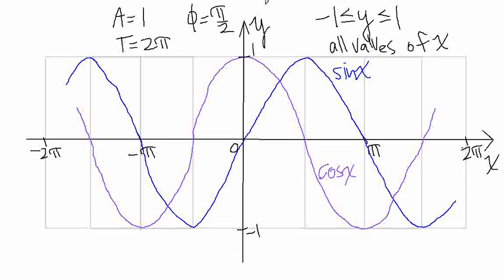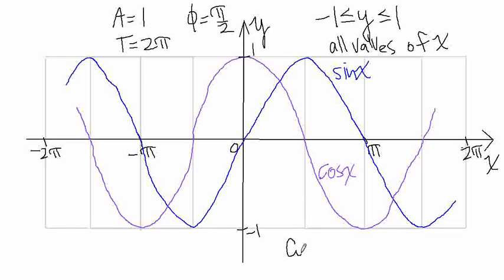Now, specifically, if we shift the sine graph, in other words, if we shift the blue curve to the left by pi over 2, then the blue curve will sit right on top of the purple curve of the cosine graph. So we can state an identity because of that.